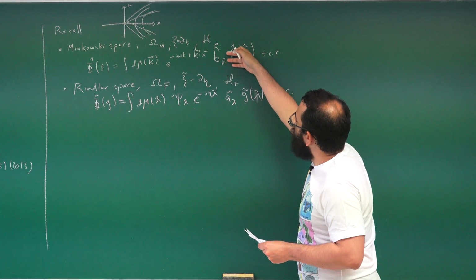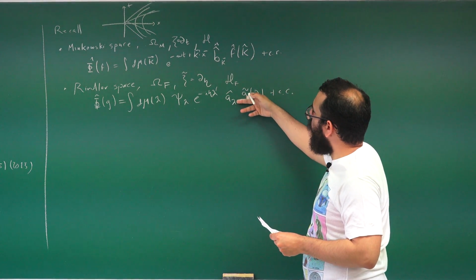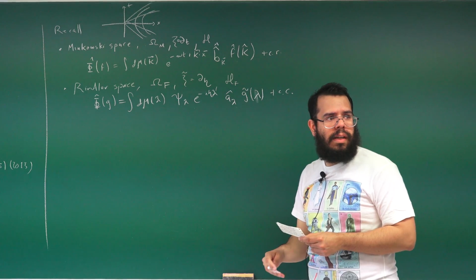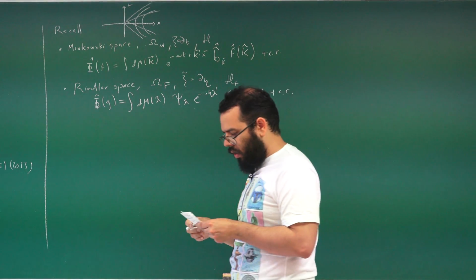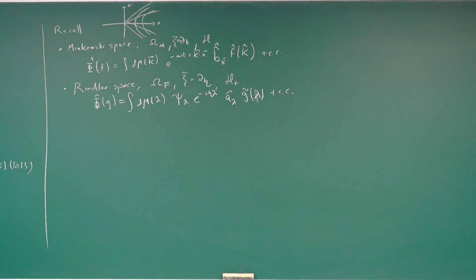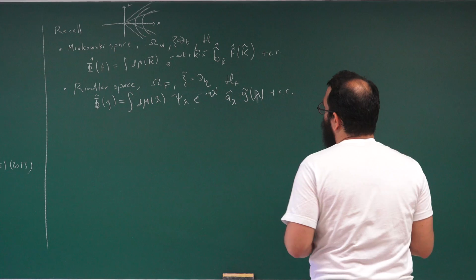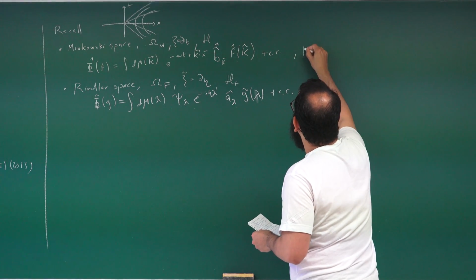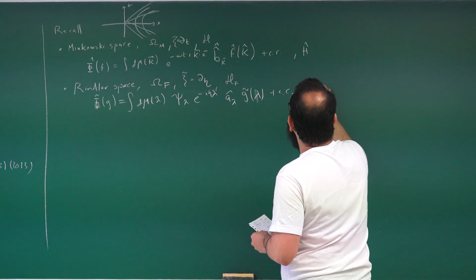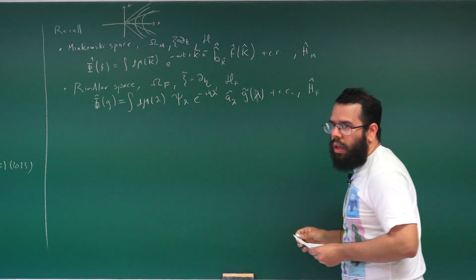This is an annihilation operator acting on the Fock space in this theory. This is an annihilation operator acting on the Fock space of this theory. And we saw that the two theories are not unitarily equivalent, and that the notion of particle is quite different, and that the Hamiltonian of one theory and the Hamiltonian of the other theory are quite different.